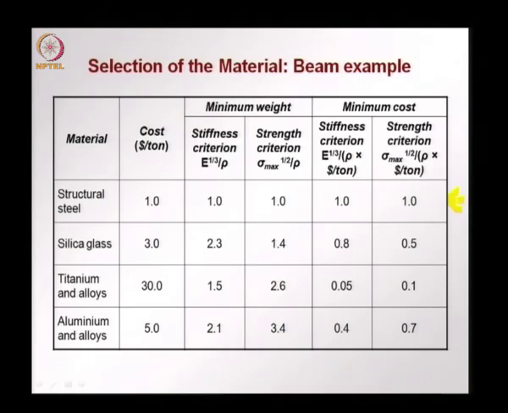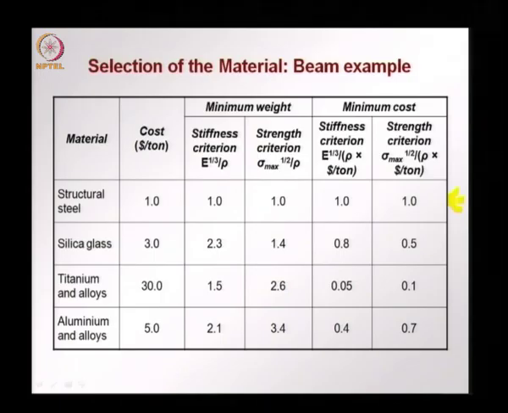In case I have, say, for silica glass, the stiffness criterion parameter as 2.3, this means it is 2.3 times whatever value came up for structural steel. And similarly for silica glass, if the cost is given as 3, that means in a certain location of reference, at a certain time, the cost of silica glass per ton was 3 times that of a ton of structural steel.